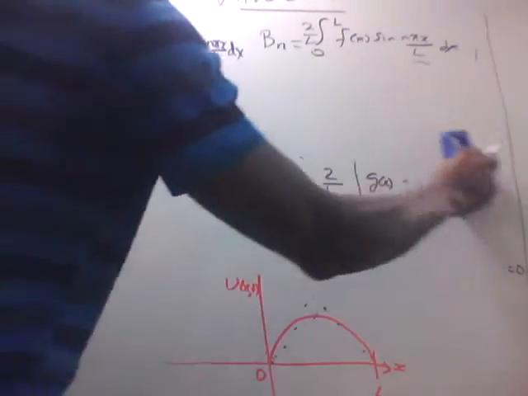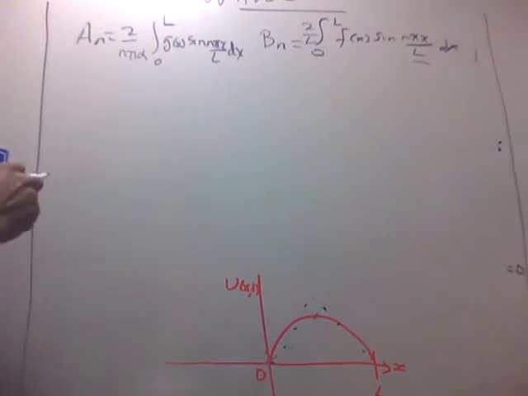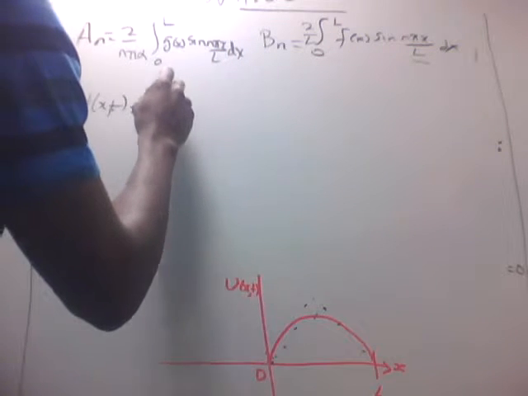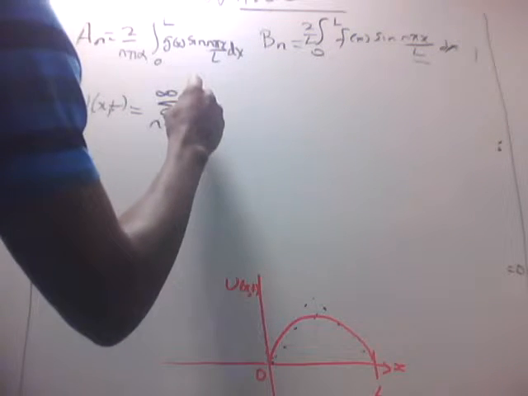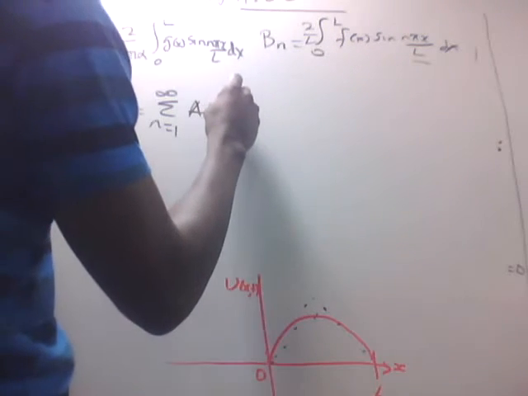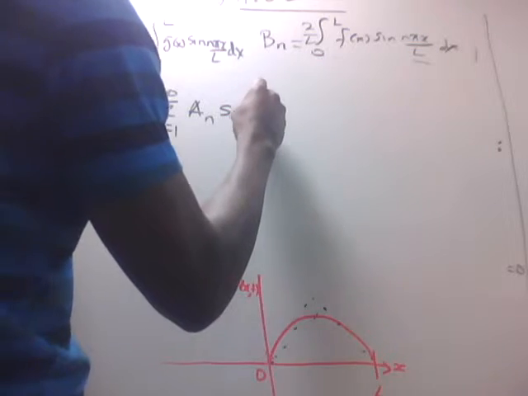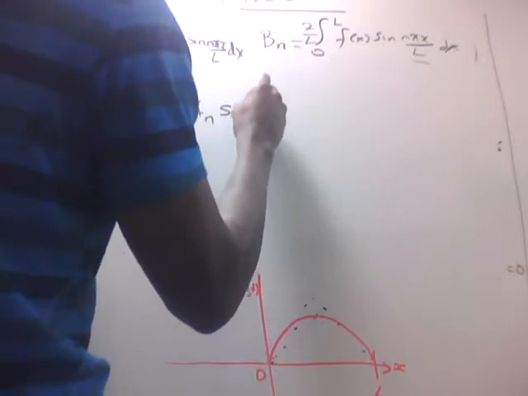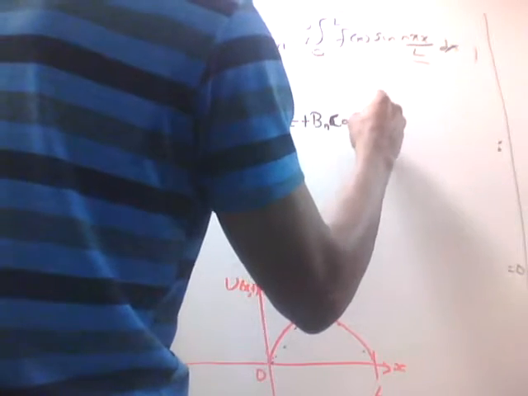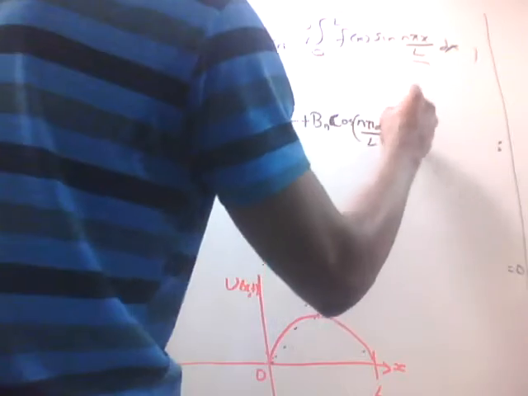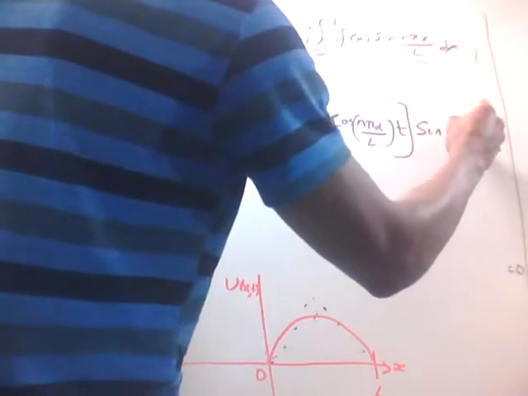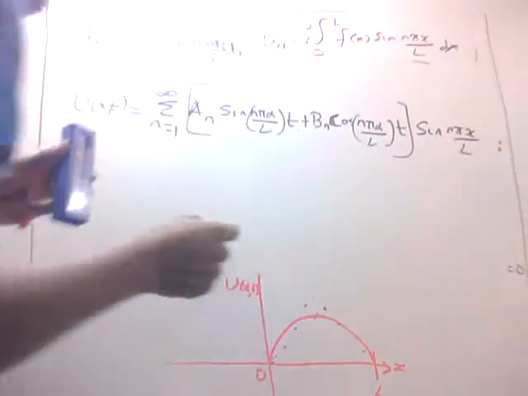We have our two sets of coefficients, and we have our general solution u of x, t equals the summation n equals 1 to infinity of a_n sine n pi alpha over L t plus b_n cosine n pi alpha over L t, times sine n pi x over L, as our general solution.